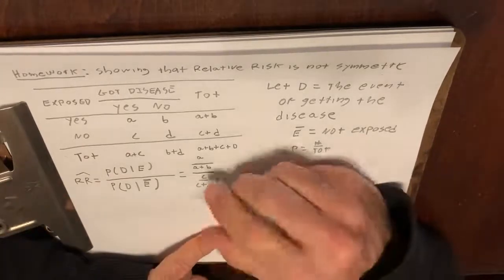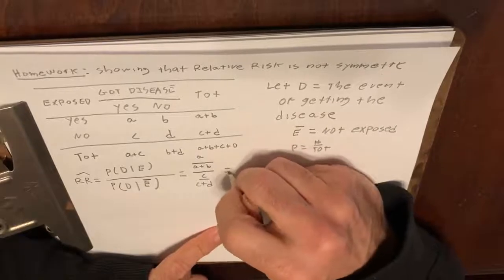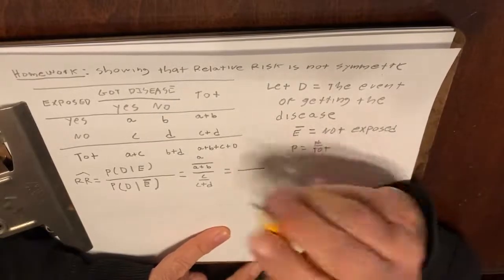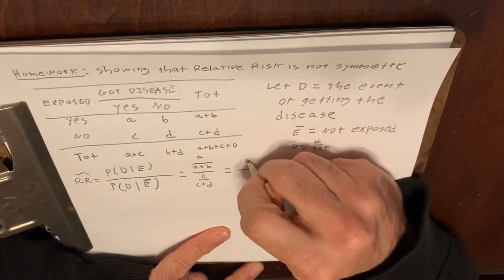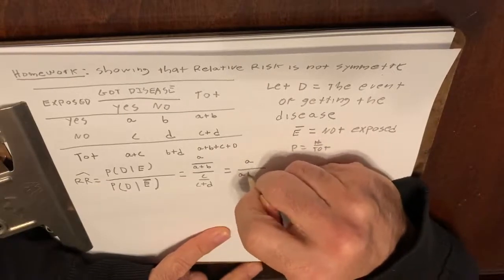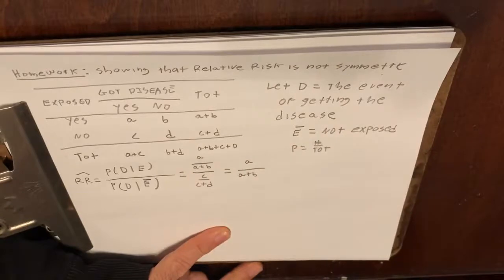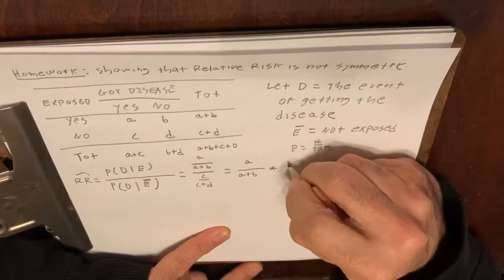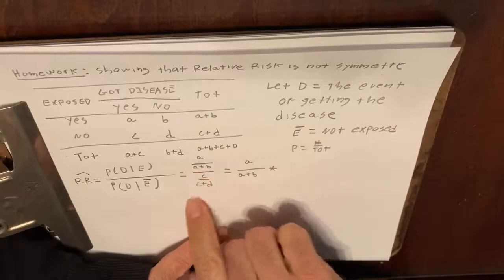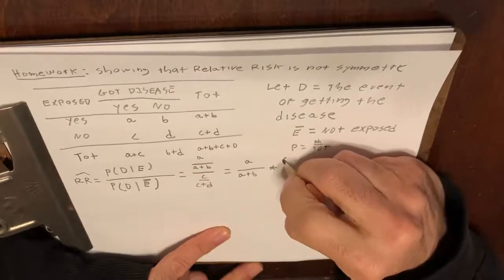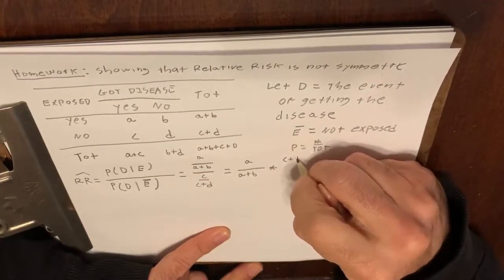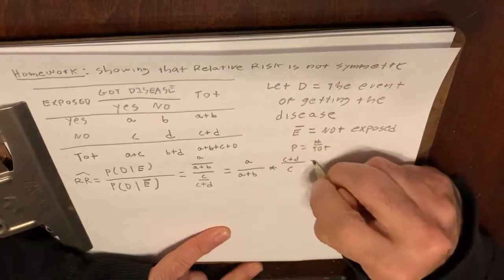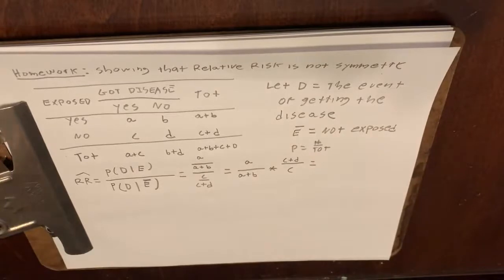Now, if you want to simplify this a little bit as one fraction, you can do what we've been doing before with the odds. We can take A over A plus B and multiply that by the multiplicative inverse of this whole denominator, which is C plus D over C. Right?